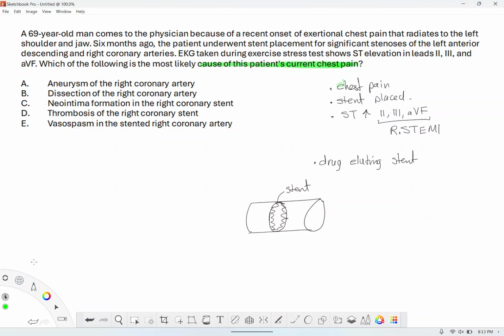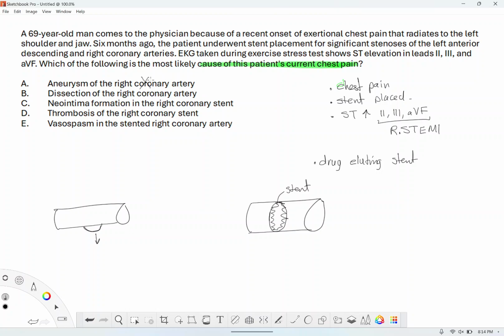Okay. Aneurysm, stent does not cause aneurysm. Aneurysm simply means dilation of all layers of the blood vessel in this case. So if this is a blood vessel and a part of it dilates like this, it expands externally, that's aneurysm, just like diverticulum. So that's unlikely.